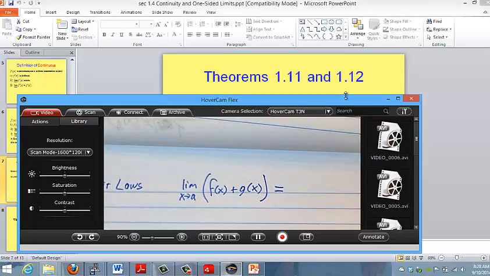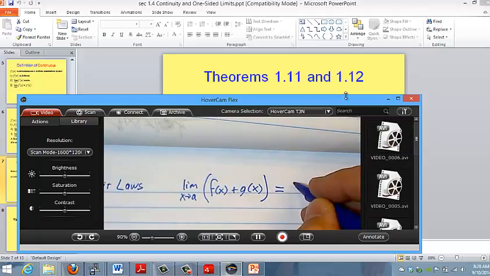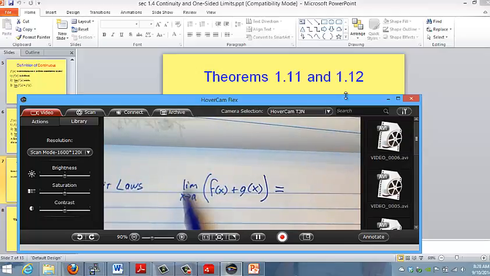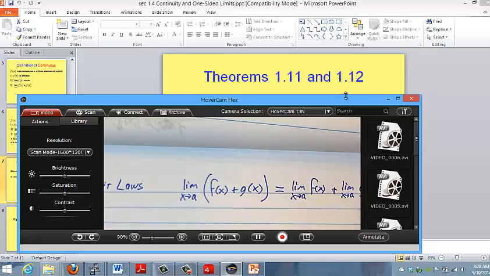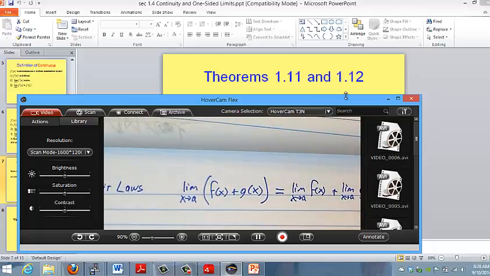If you were writing the math book, what would you hope that this actually equals? Wouldn't you hope you can kind of distribute the limit of the first function plus the limit of the second function? It'd be nice if that were true. And it turns out it is.